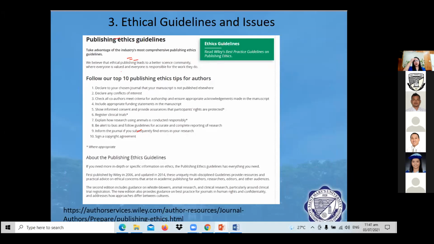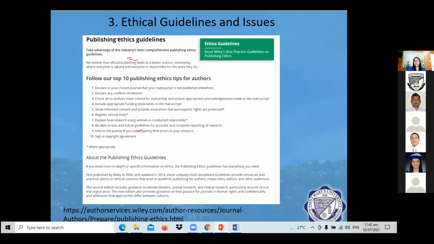Okay, for the third one, aside from publication charges, you can also find in the same journals ethical guidelines and issues. Some of the common ones are to declare to your chosen journal that your manuscript is not publishable elsewhere, to declare that there is no conflict of interest, to check all co-authors meet criteria for authorship, and ensure appropriate acknowledgement is made in the manuscript.